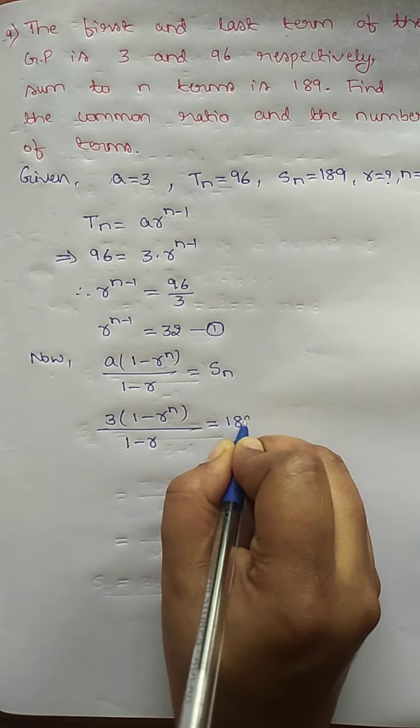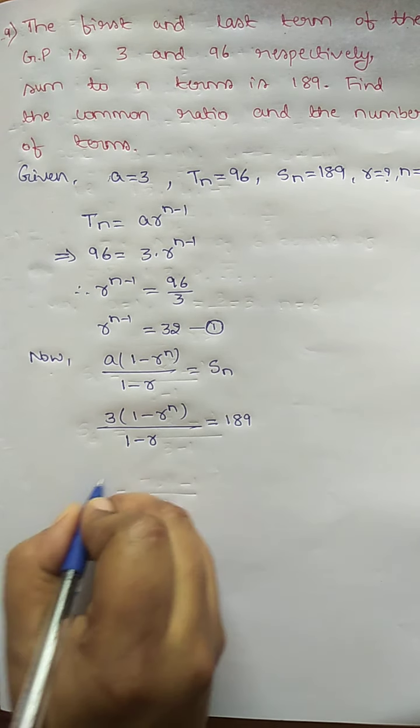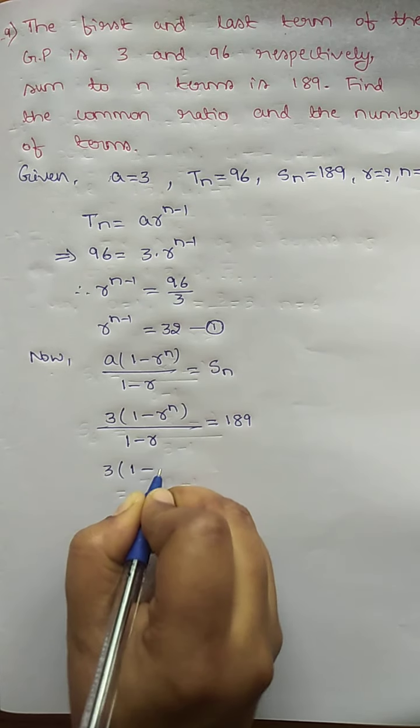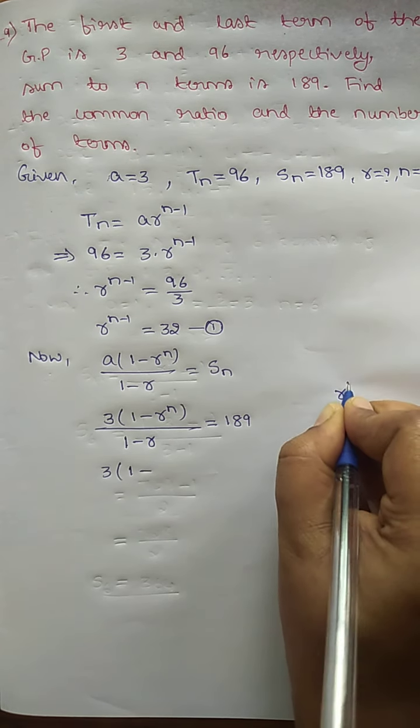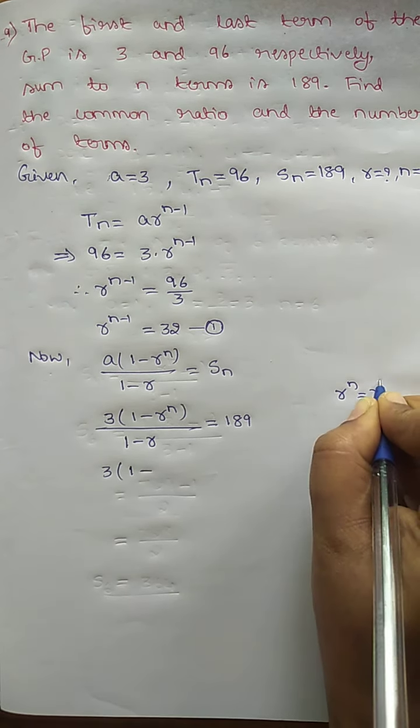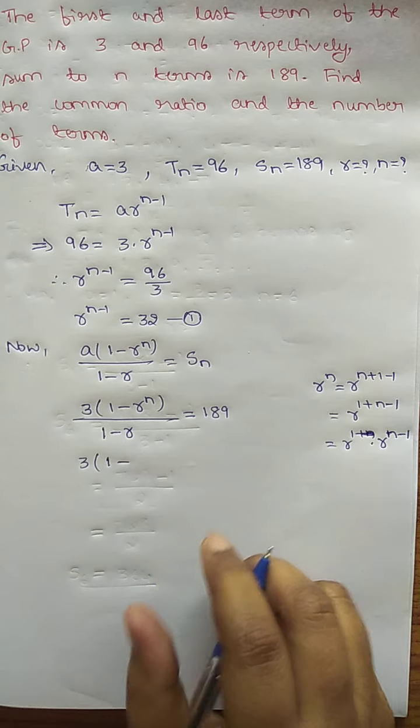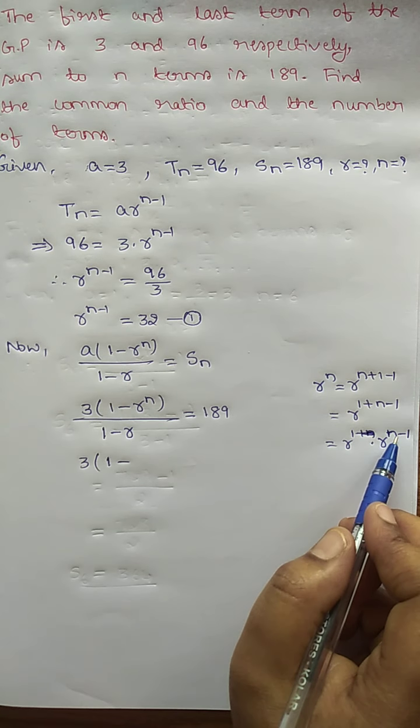That is 189. Okay. 3 into 1 minus, see here r power n can also be written as r power 1 plus n minus 1. Therefore r power n equals r power 1 into r power n minus 1.